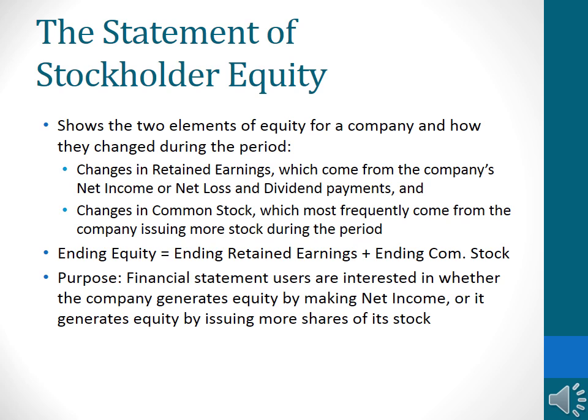It also shows changes in common stock, which most frequently come from the company issuing more stock. In Accounting 202, you learn about all the different reasons that companies might decide to issue more stock, but the biggest of those reasons is the company needs cash. So ending equity in the statement of stockholder equity is ending retained earnings and ending common stock.